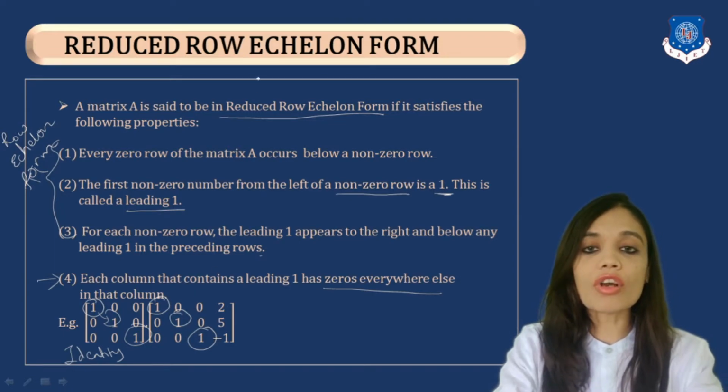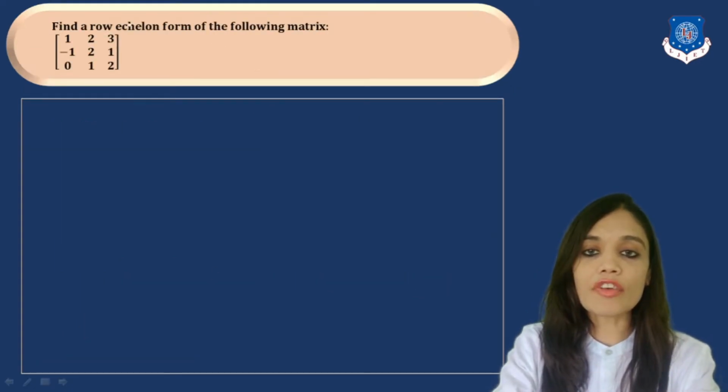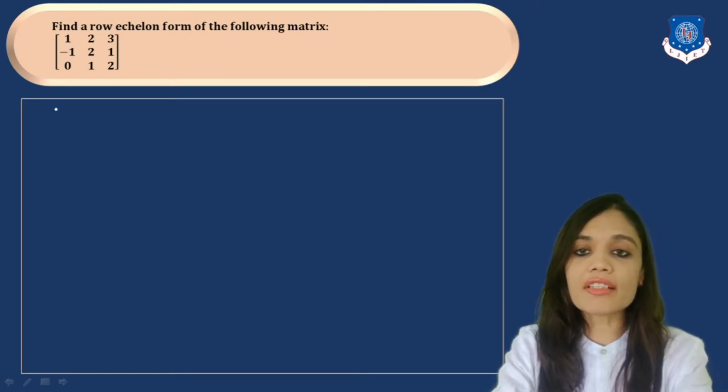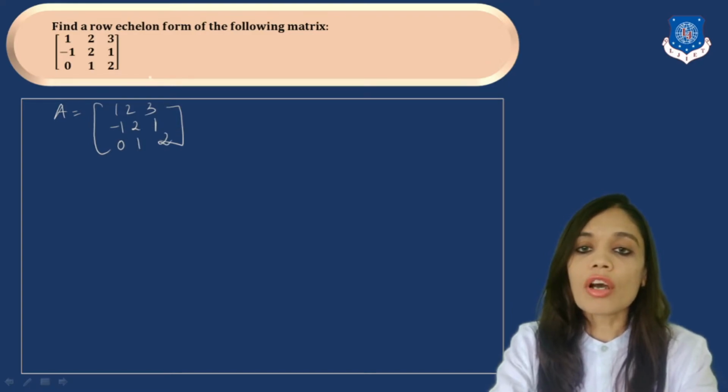Now let us solve an example: find the row echelon form of the following matrix. The matrix A is 1 2 3, -1 2 1, 0 1 2. We have to find the row echelon form of this matrix. The first element from the left is a leading one, so you have to form zeros below that.